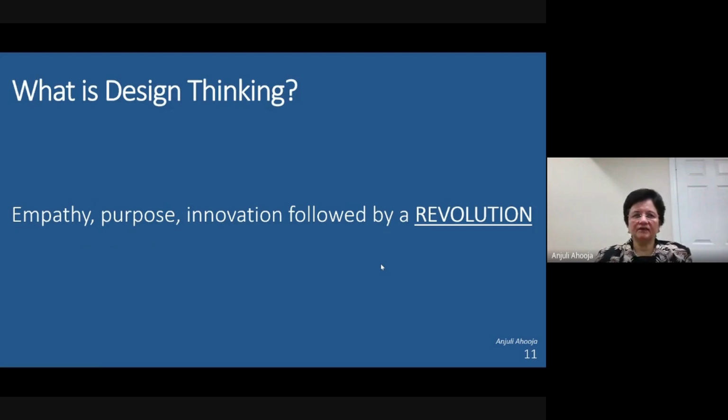Microsoft created a revolution. There are so many things that have happened in this world that have created a revolution and have changed people's lives. So design thinking can start from empathy, be followed by innovation, and finally create a revolution in this world in the hope of making the world better.